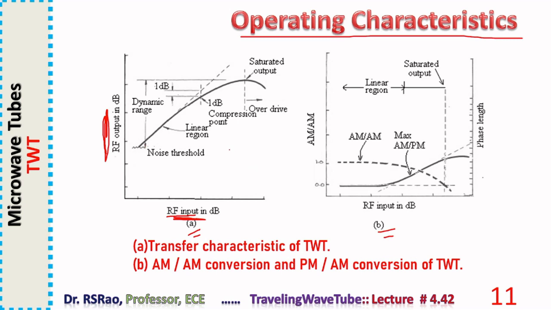One can see here the linear region, saturation region, dynamic range, etc. In B is shown RF input on one axis, AM on one vertical axis, and phase length on another vertical axis.